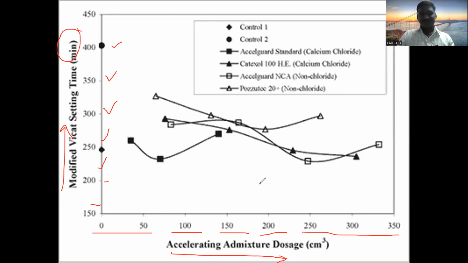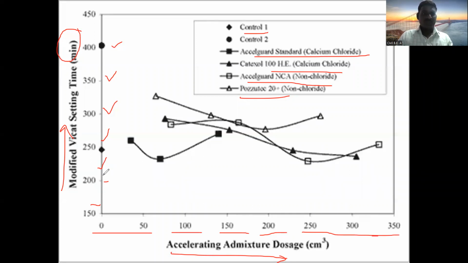Now you can see here the control 1, whose shape is shown here. The accelerated standard calcium chloride, then this accelerated NCA. These are the doses on the x-axis, and on the y-axis the setting time is there.